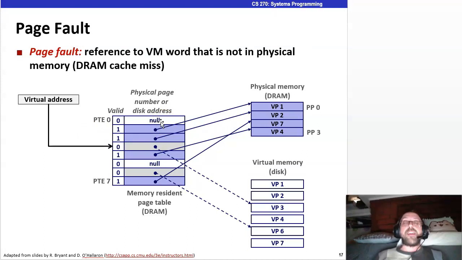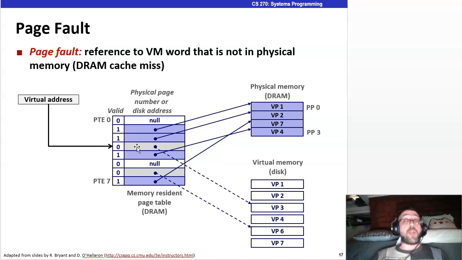But instead, I might have a program refer to something that's not yet in physical memory. So for example, when I first start executing a program, the very first instruction that executes was loaded from the text segment or the similar init segment of the executable, but it really hasn't been loaded into memory yet.